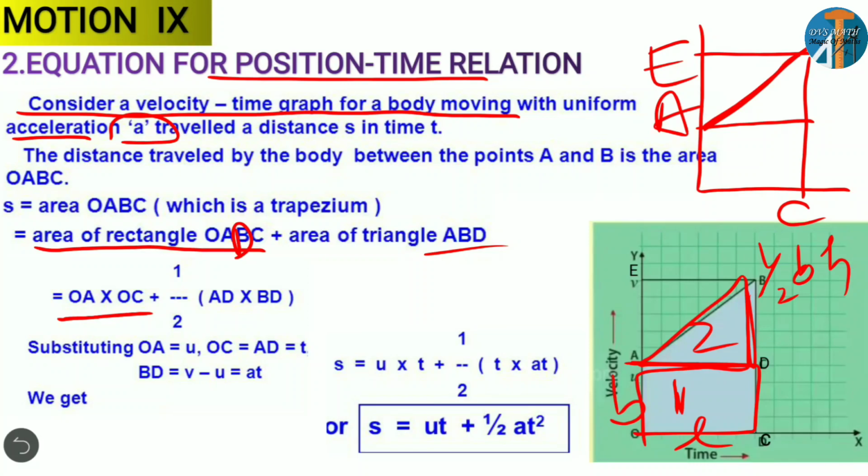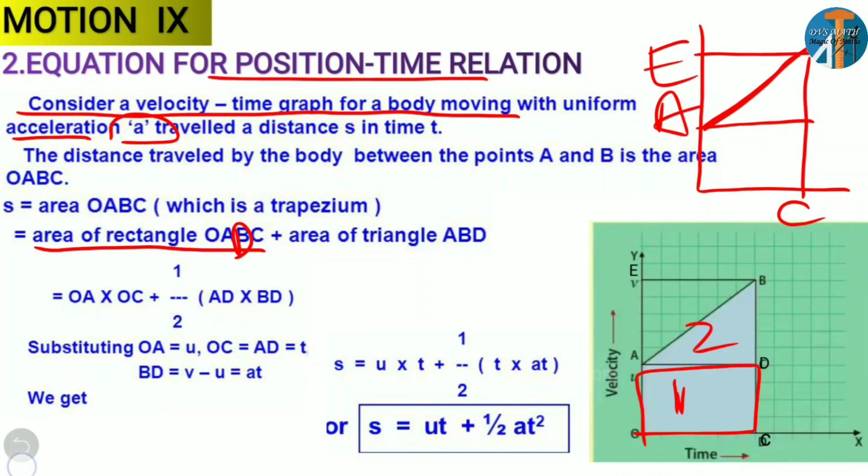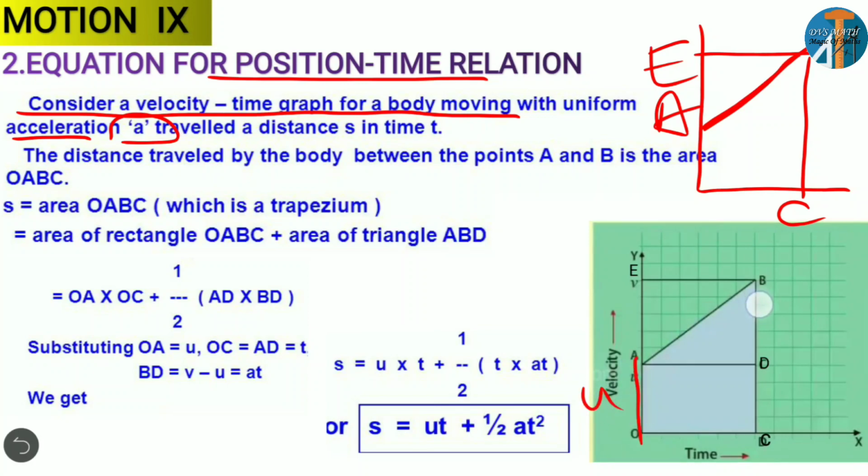Now let us observe the substitution. OA is U, BC is V. This is T, time, and this is also time. So OA we substitute as U, OC is time, and AD is also time.